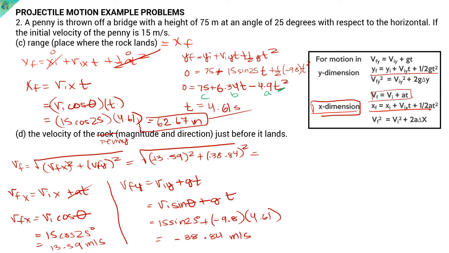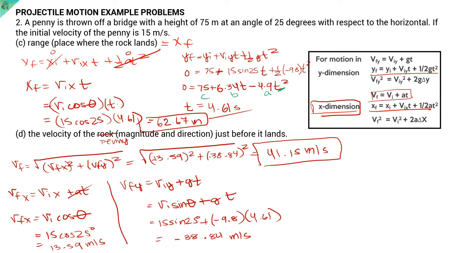Our final answer would be the square root of 13.59 squared plus 38.84 squared. That's 41.148, so that's 41.15 meters per second. So this is now our final velocity, meaning the penny before it lands, ganito yung bilis niya.